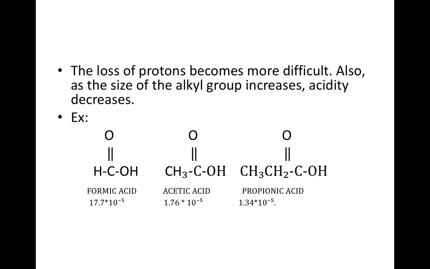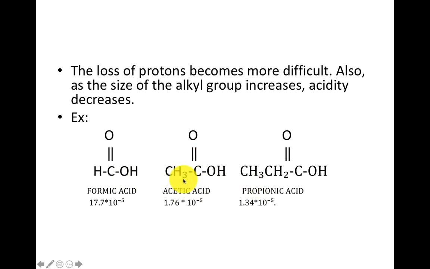So what have you observed, any change in these three acids? Only one change, right? That is the presence of the alkyl group, or the structure of the alkyl group is different. See here, only hydrogen is present, here methyl is present and here the size of the alkyl group is increased. Now what is the effect of this alkyl group on the acidity of this carboxylic acid?